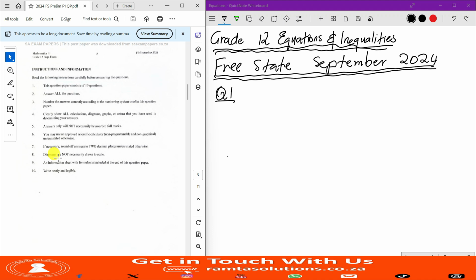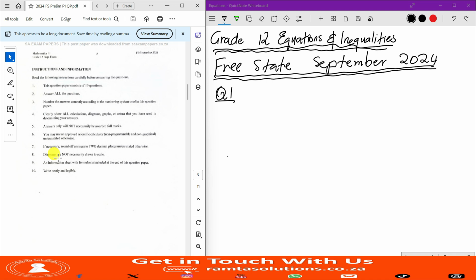Instruction 4. Clearly show all calculations, diagrams, graphs, etc. that you have used in determining your answers. That's very key. Instruction 5. Answers only will not necessarily be awarded full marks. Instruction 7. If necessary, round off answers to 2 decimal places unless stated otherwise.